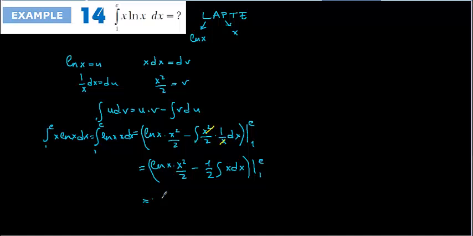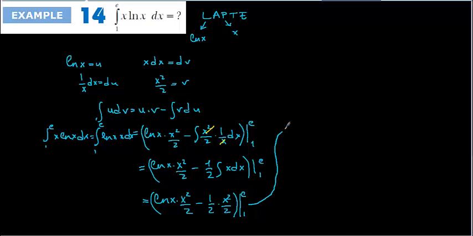That is ln x times x squared over 2 minus 1 over 2 times x squared over 2, with boundaries 1 and e.